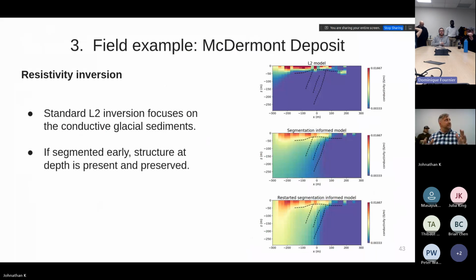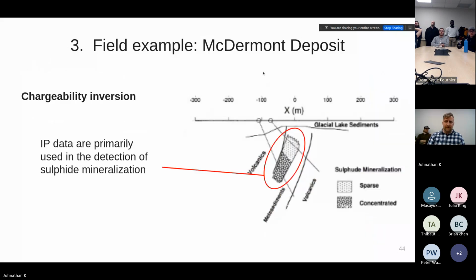We get kind of the boundary between the two focus elements at the bottom. And then, if we go the full way, updating the regularization and restarting from a homogeneous half space, we still get the same result. It's a little bit different, maybe kind of pulls down the conductive layer a little bit more, but ultimately we've preserved some structure at depth.